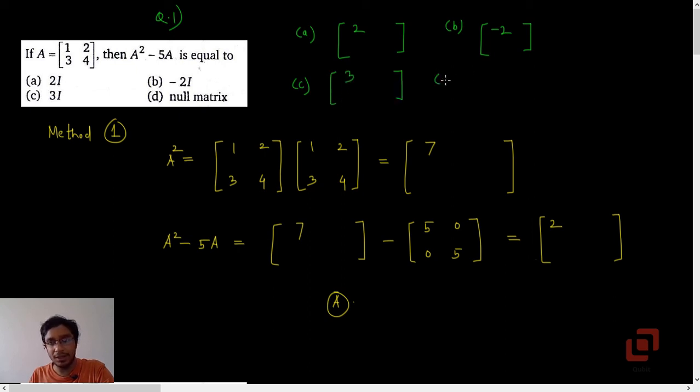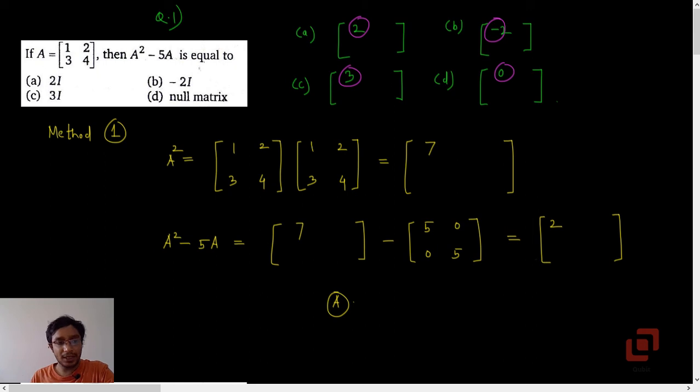And in option D, which is the null matrix, that is going to be 0. So it is enough to find the first element of A squared minus 5A. If it is 2, then option A. If it is minus 2, then B. If it is 3, then C. And if it is 0, then D.